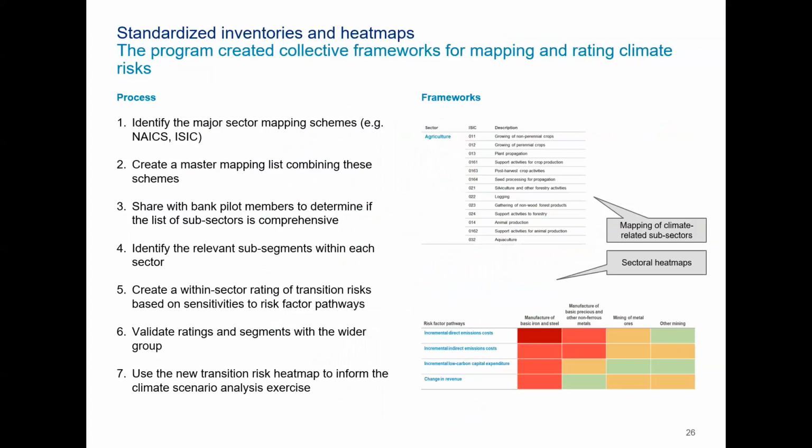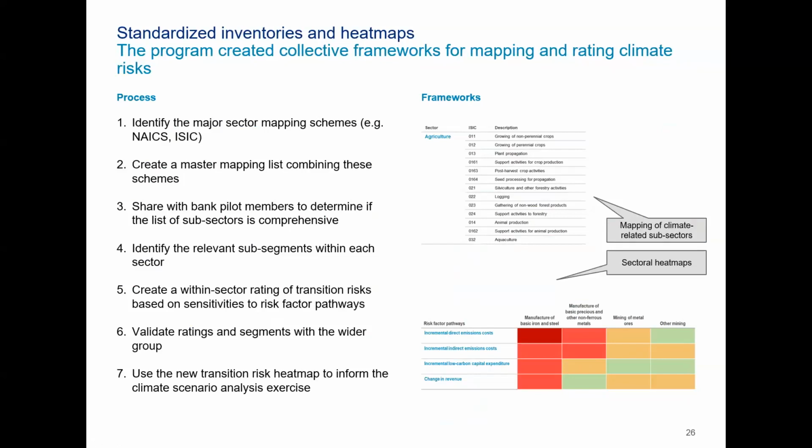And then on a sector by sector basis, what we did was we looked at which subsectors are likely to be climate linked, and from there created a bit of a master mapping list for risk identification purposes. And we use that then to say, okay, across the sectors that we're looking at, here are segments that are likely to be climate impacted. Do we believe these segments are comprehensive, and do we believe that they are indeed climate linked?